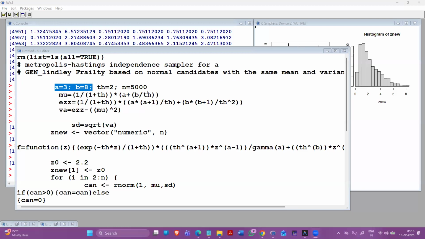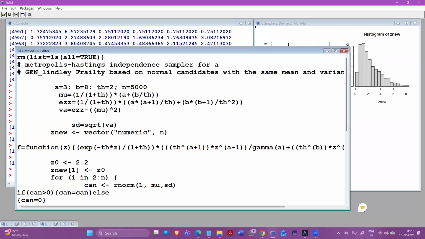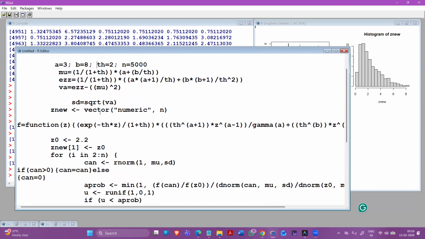All right. So here we have the generalized Lindley distribution. In that one we have three parameters: we are taking a equals 3, b equals 8, and theta equals 2 here. We are going to generate 5000 observations from the distribution.